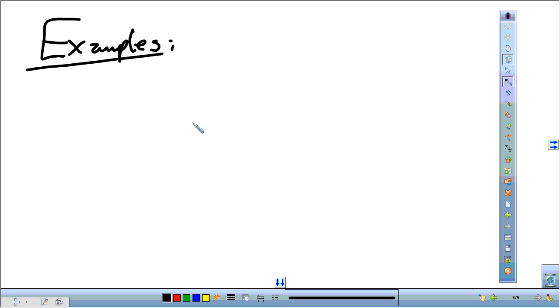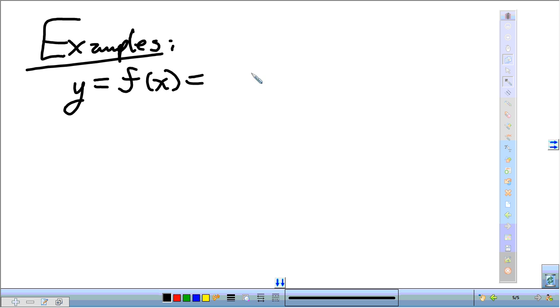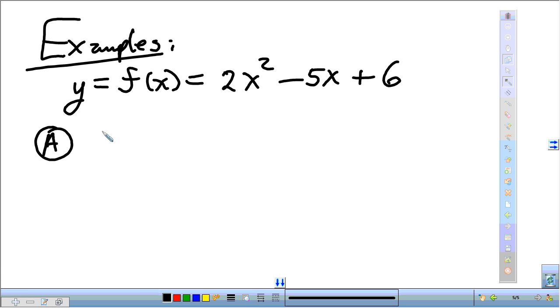So let's look at some example situations here. In all of these examples, we'll take y equal to f of x, which is 2x squared minus 5x plus 6. We'll use that as our example curve. First thing we'll do is find the derivative of f, and I'll use the prime notation here, at a value, say we'll use 2.